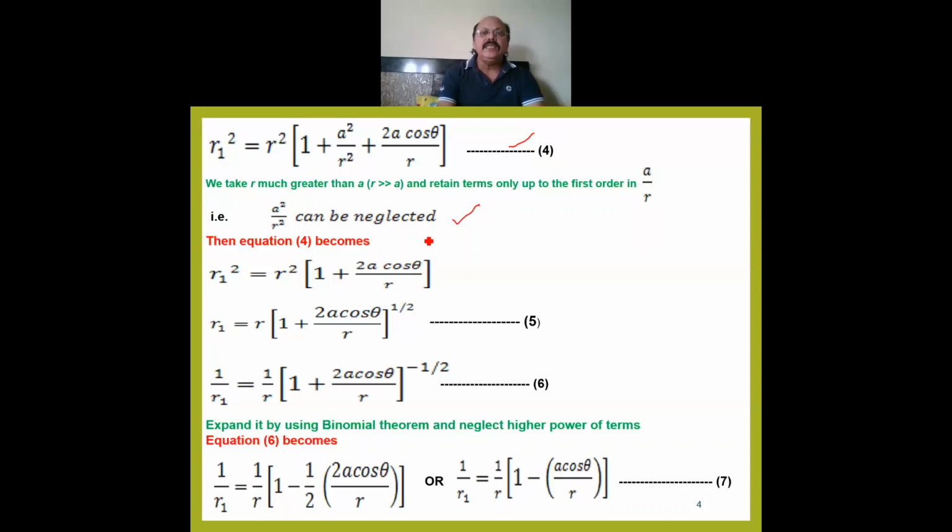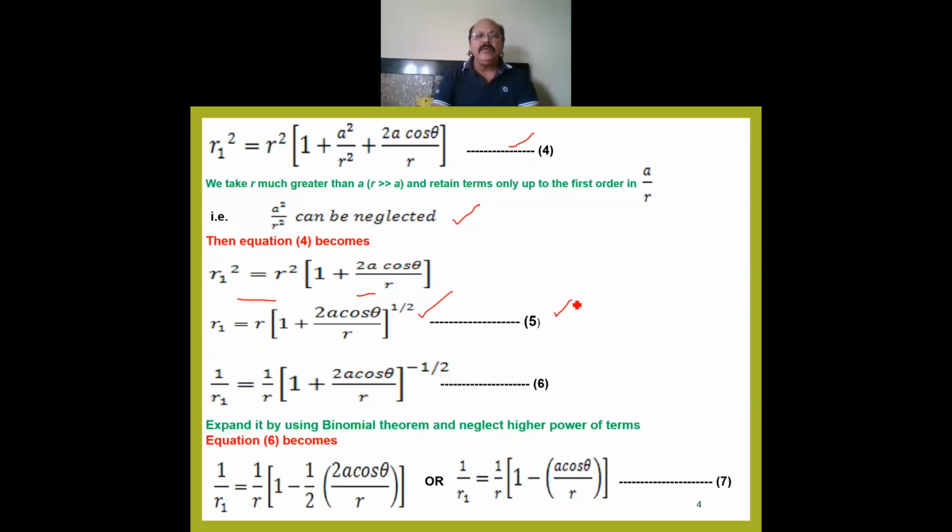So in that condition equation 4 becomes R1 square equal to R square within bracket 1 plus 2A cos theta upon R. Now that expression can be written as R1 equal to R within bracket 1 plus 2A cos theta upon R raised to the power 1 by 2. Mark this equation number 5.